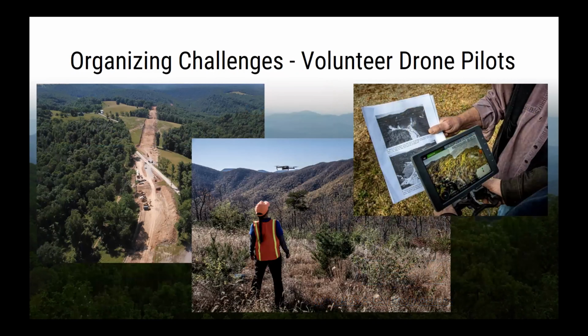We also had organizing challenges with volunteer drone pilots. Of course, as an organization, we wanted folks to have their Part 107 remote pilot license, because there are all sorts of issues going on that we were trying to be diligent about reporting. We also had line of sight issues and nearby launch location issues, and of course, training folks on using these things.